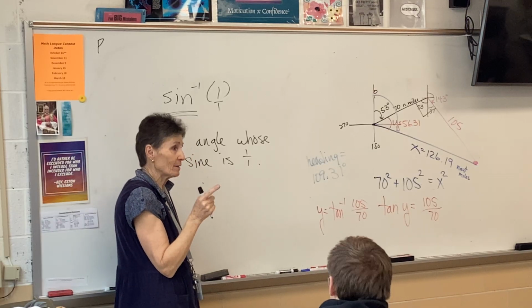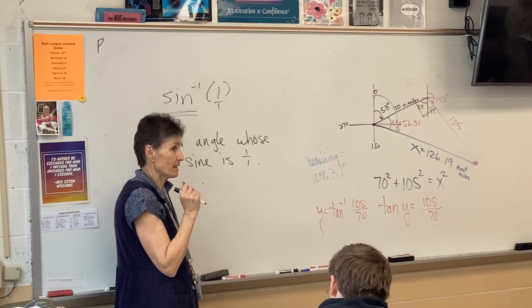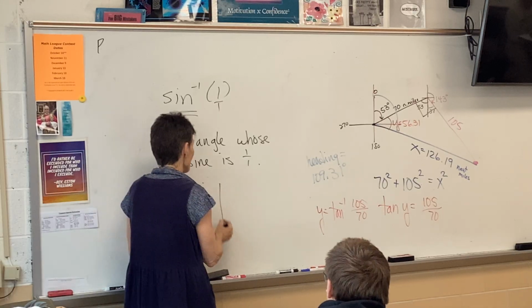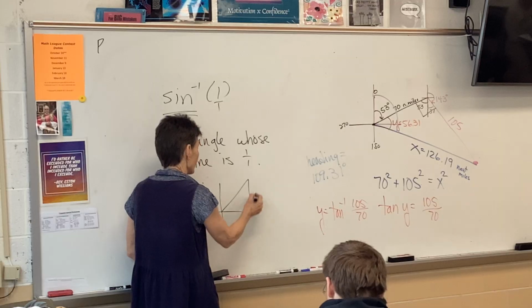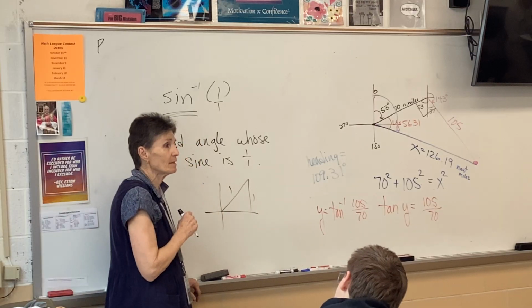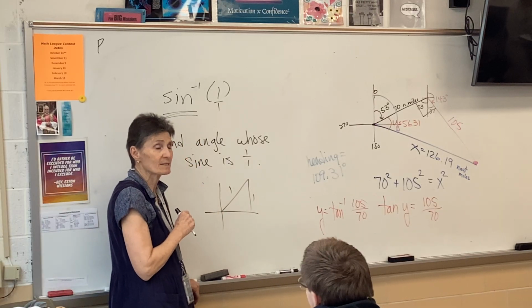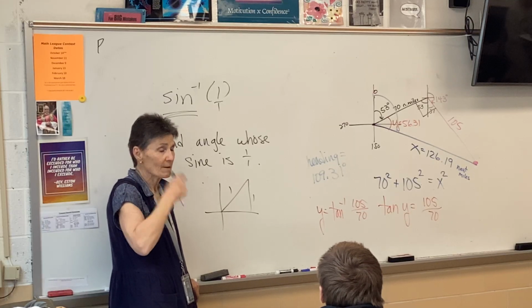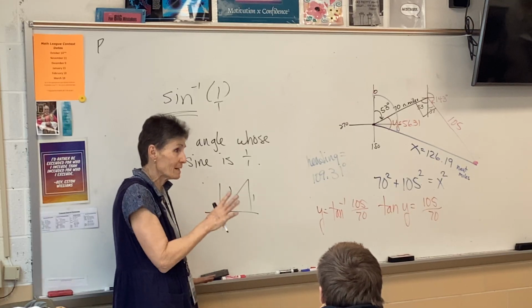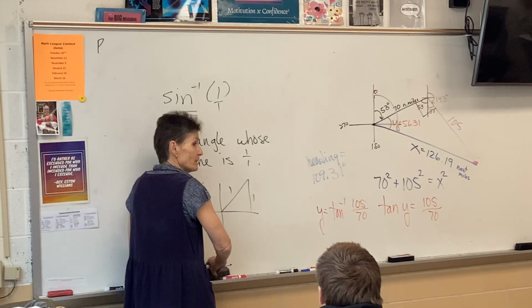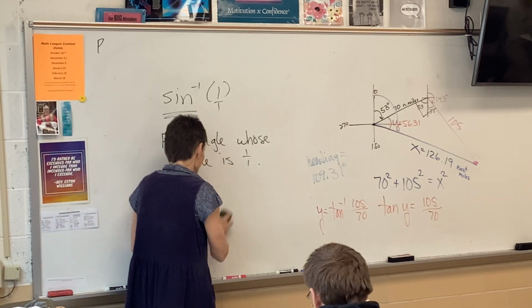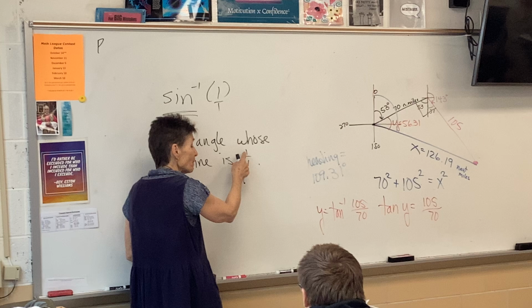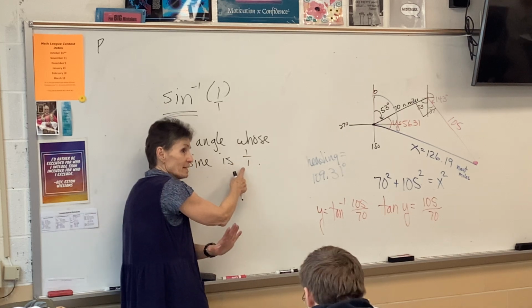Now if you think about it, it's not going to be a triangle, because you can't draw a triangle that has opposite and hypotenuse be the same. Does that make sense to you? If I can't draw a triangle that makes sense, then I am going to draw a circle. Now, if that had been 1/2, I'd be fine.